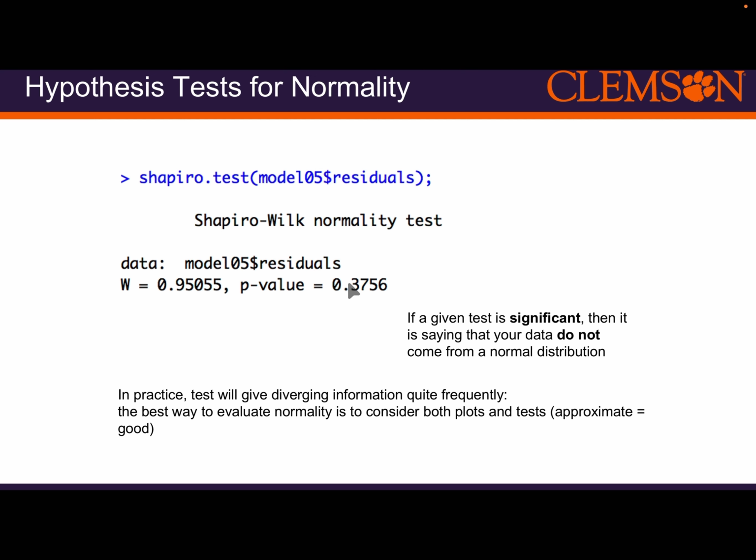If this p-value is very small, it rejects that null hypothesis, and you say it's not normal. But in practice, this test gives diverging information quite frequently. So if you are asked to evaluate the normality of residuals, the best way is to consider both plots and tests, converging evidence.